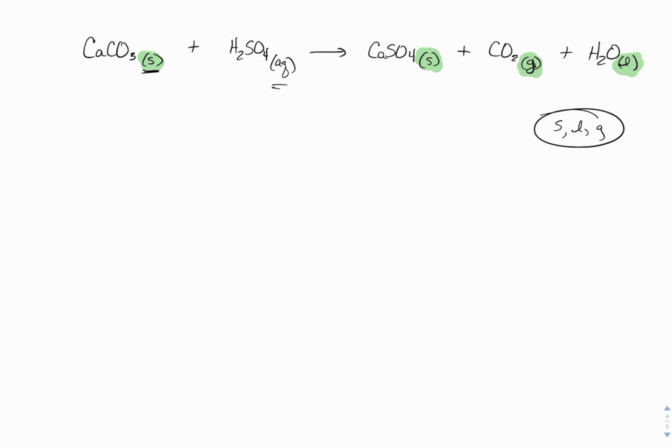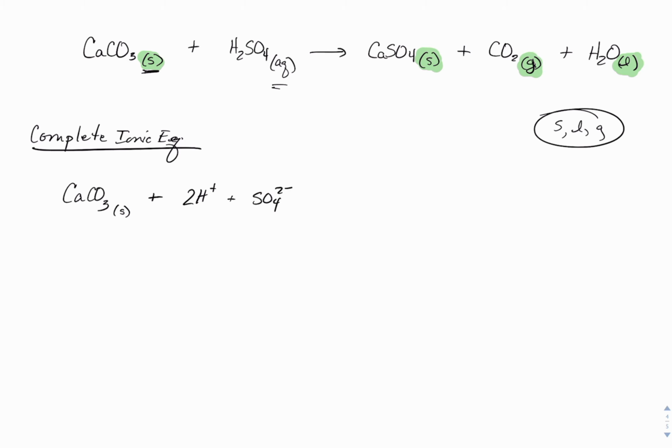So here we go. Something that's solid, you just write as is for our complete ionic equation. And so that's calcium carbonate plus, and now we do come to our aqueous, which is, we'll have H plus and SO4 2 minus.